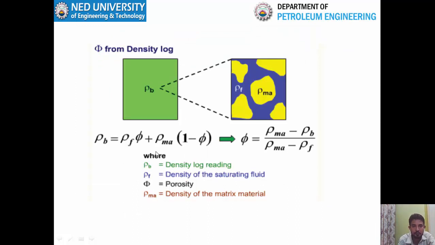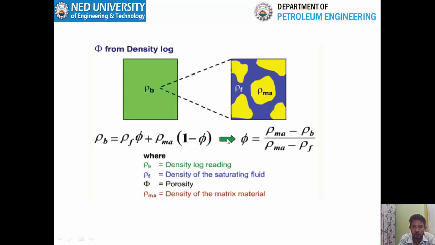This is basically the summary of the equation. The bulk density is the density you read from the log. Density of the fluid is the density of the fluid. So you first need to estimate the type of fluid in the pores before calculating porosity, whether it has water, oil, or gas. And similarly, the density of matrix.